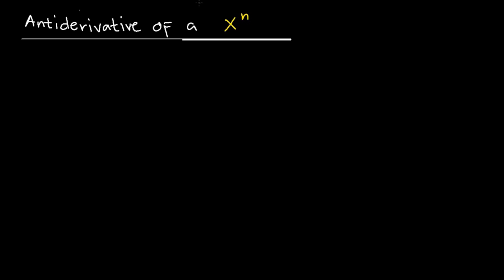Then the next type of problem we will encounter is when the variable is raised to a number n or a constant. So for example, this is the antiderivative of x raised to n dx. What you do is add 1 to its exponent. So x to the n plus 1, you divide it by n plus 1, plus c.